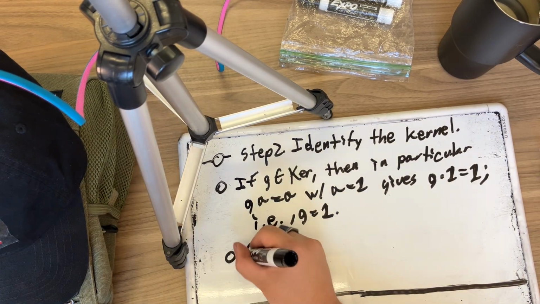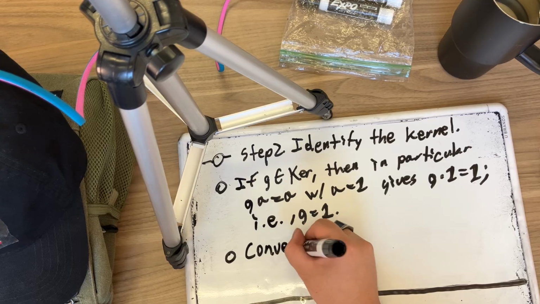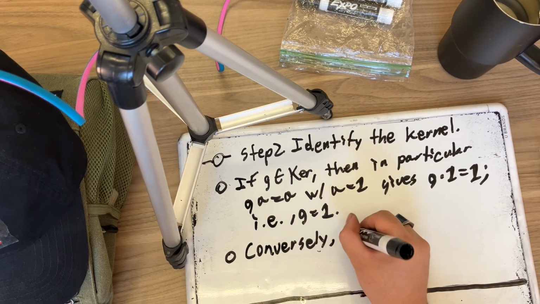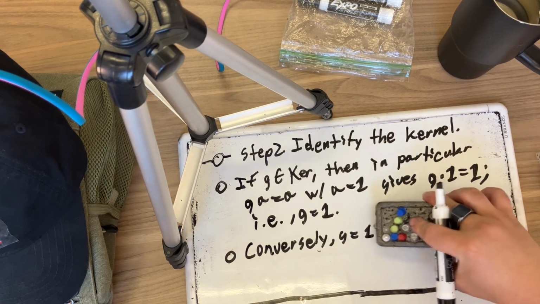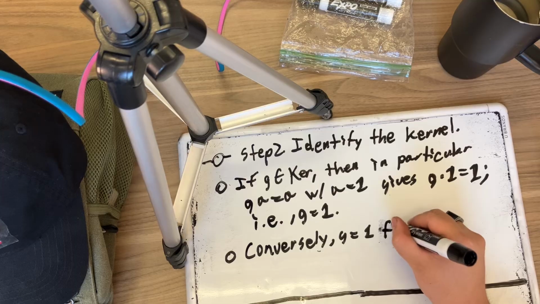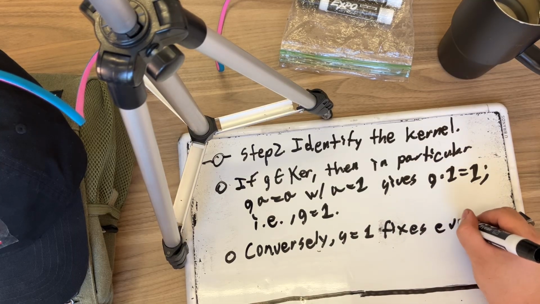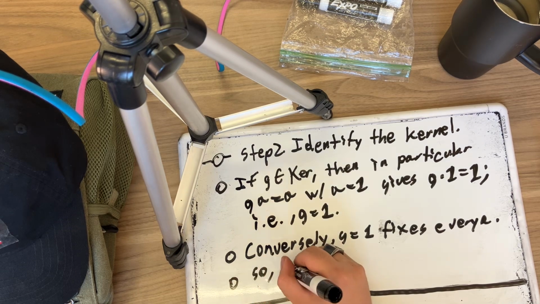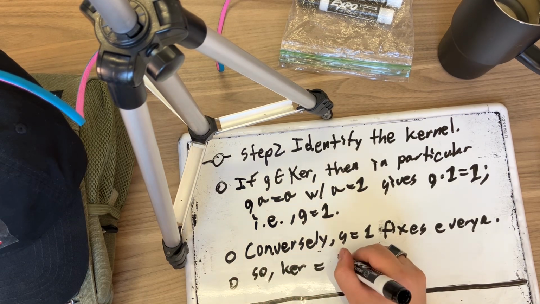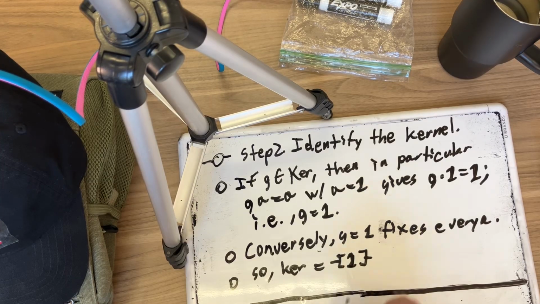So conversely, g equals 1 fixes every a, right? So the kernel is equal to 1. Can we say that? No, it fixes every a, so it alone would be contained within the kernel in this case.